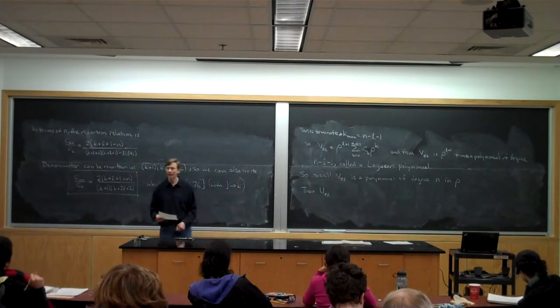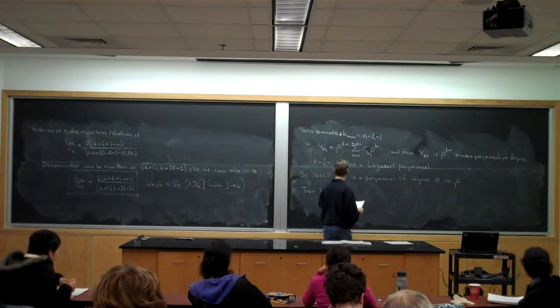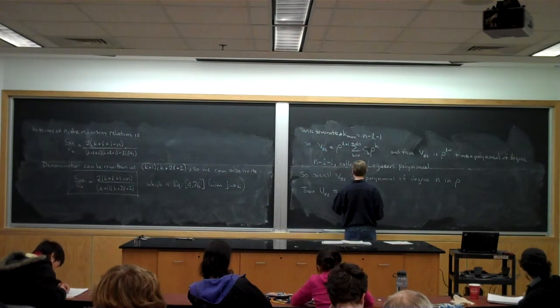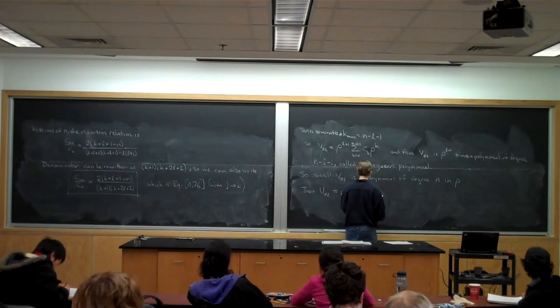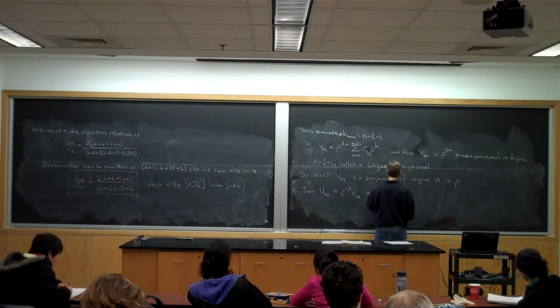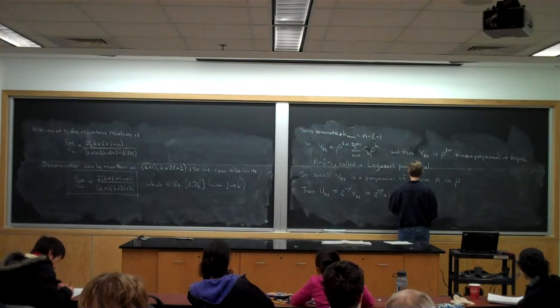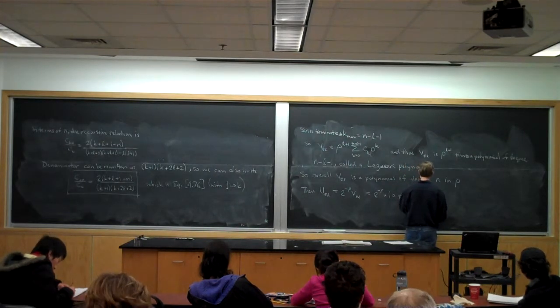And then working backwards, u_l, which we defined via v_l as e to the minus rho v_l, is e to the minus rho times a polynomial of degree n in rho.